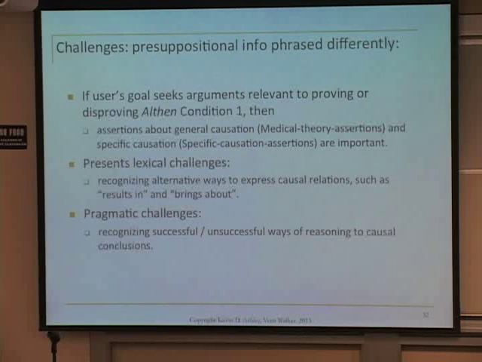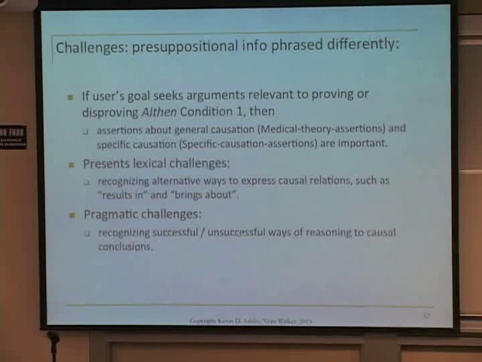And in addition, the presuppositional information that we want to be annotating here can be phrased differently from case to case. This is a problem that IBM has mastered in the Jeopardy-winning Watson program that it created, and we're hoping to use similar techniques to try to deal with it in our context as well.